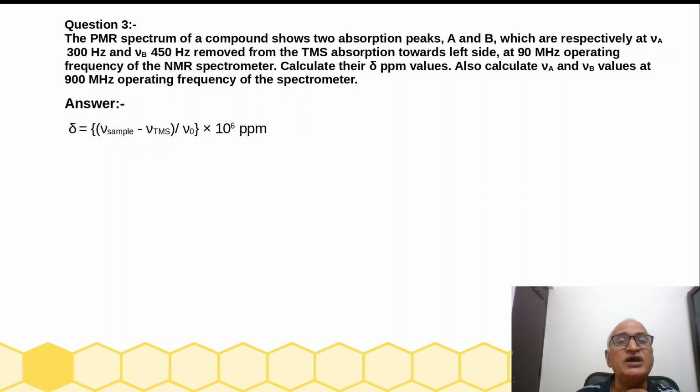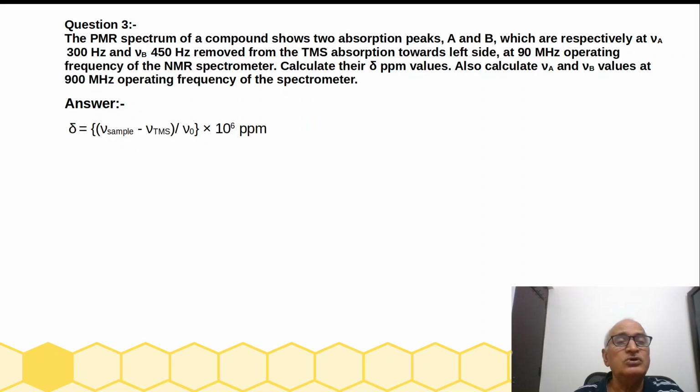If NMR data are reported in the form of frequency, they are very much field dependent. But the practice is to convert these data into universal data so that in whatever machine the data is recorded, delta ppm value comes the same. It is calculated using this formula.